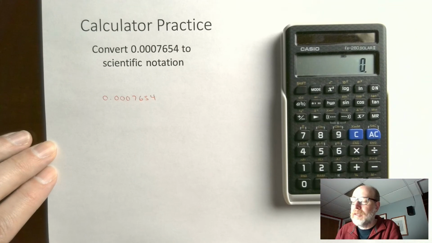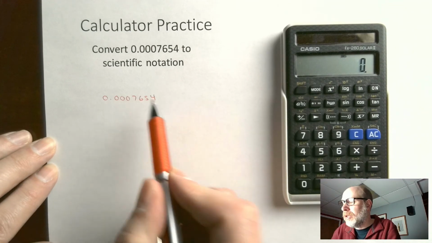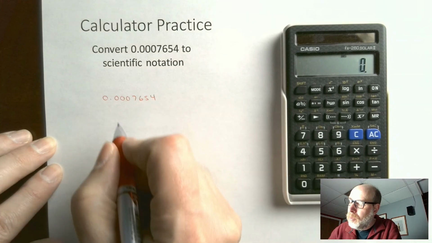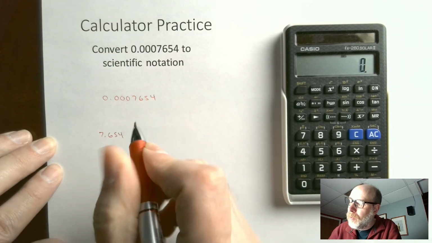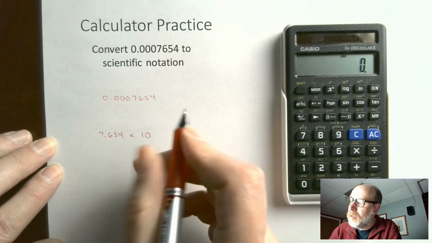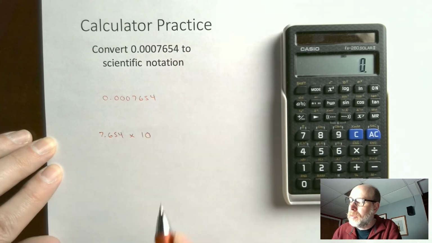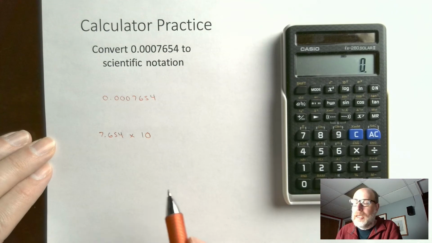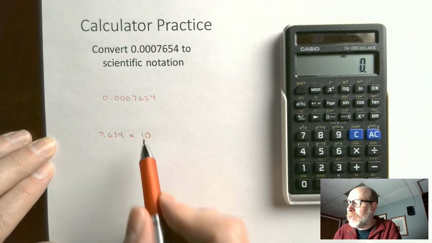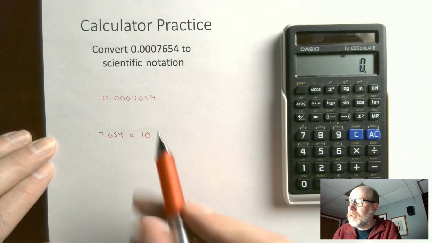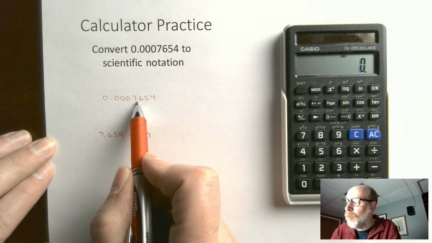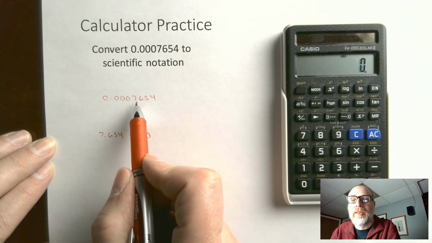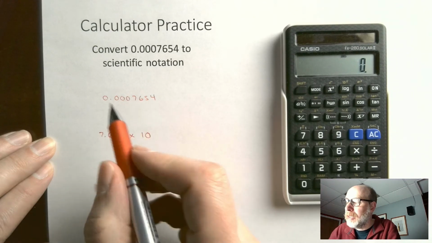And remember, if we're converting this into scientific notation, we're going to have 7.654 times 10 to some exponent. The way we figure out what the exponent of 10 would be is we take the decimal point and put it right there, and count the number of places that we have to move that decimal place to get there.